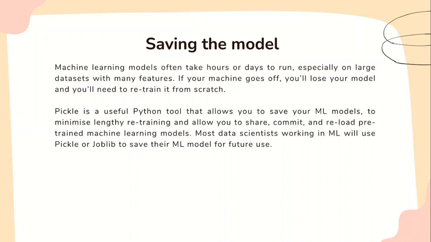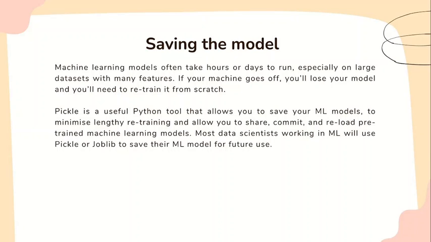Now in this case our data is not too big, but when the data is large and contains many features, it will take hours and days to train the model. So if your machine goes off by any chance, you will lose your model and you will need to retrain it from scratch. So this will be a very hectic process. To avoid this, you need to save the model first.